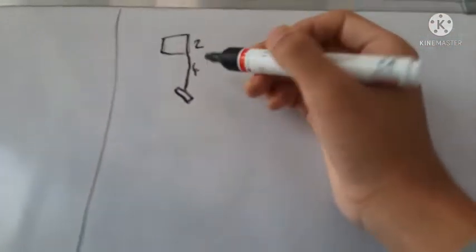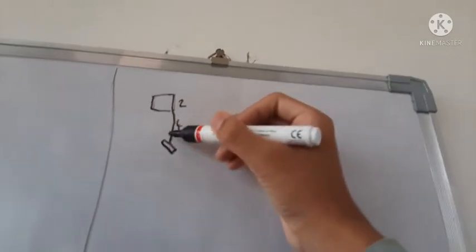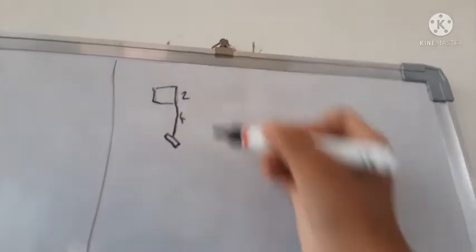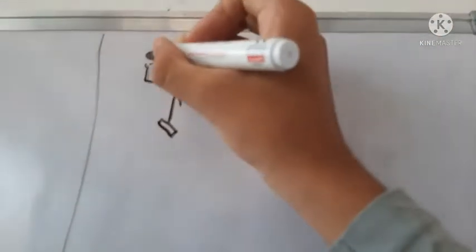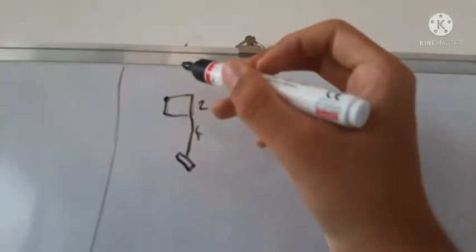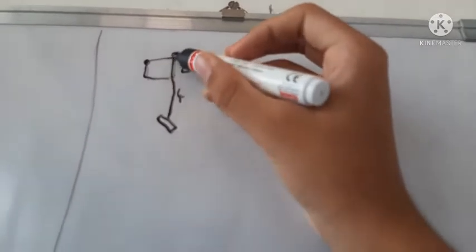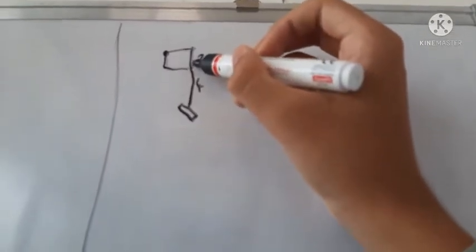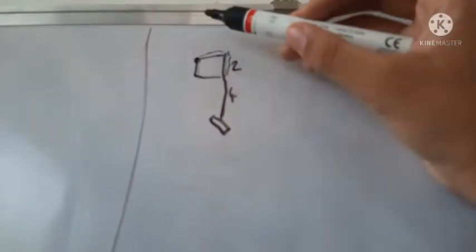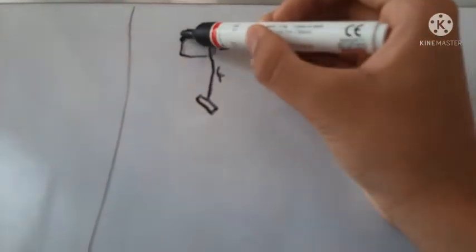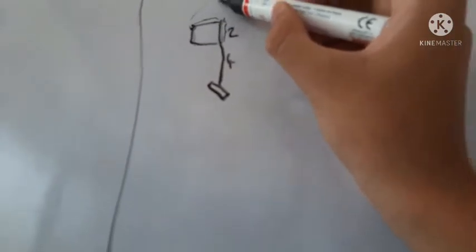So we can see that this is 4 and this is 2, so our pen can reach up to the opposite vertex of the square at this point. So it's going from around here to here, so it will form a quarter circle.